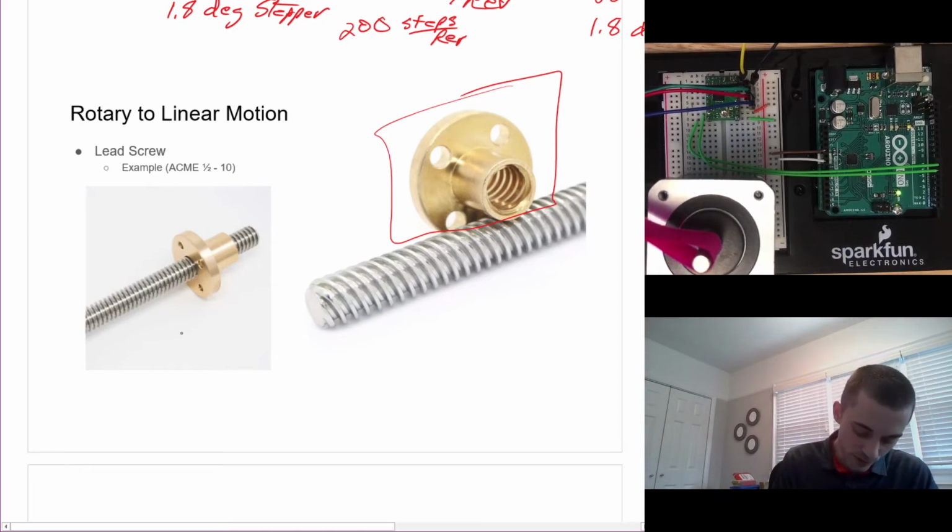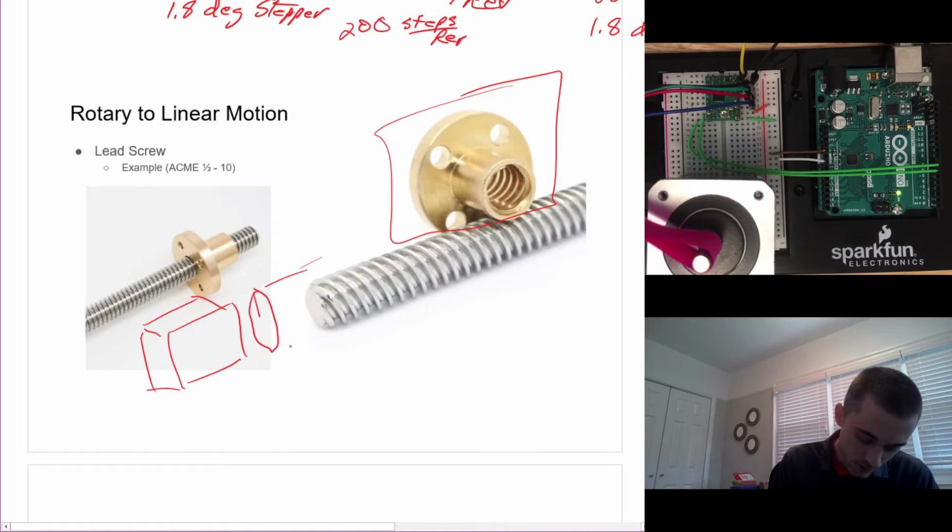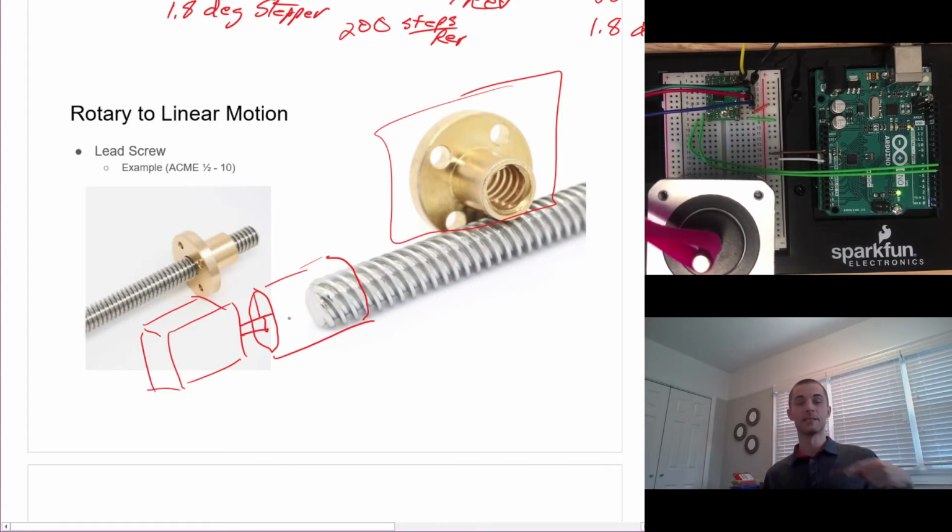And so normally you've got a stepper motor, attached to some coupler, and then the motor shaft goes right in the middle, and it spins the lead screw, and we get travel back and forth.